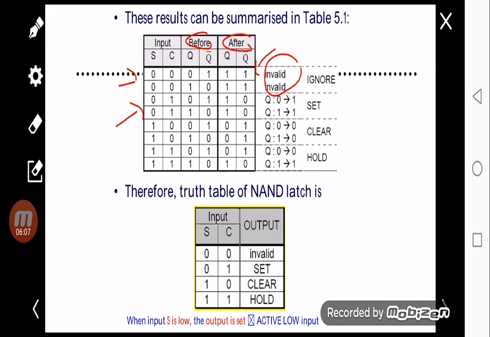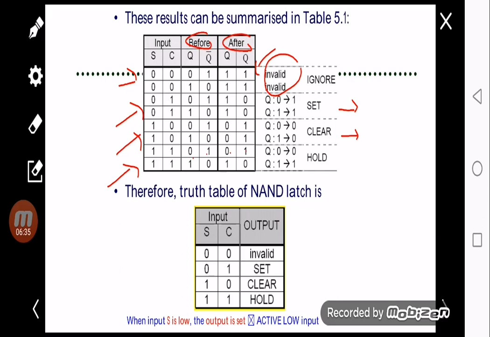Here you can see Q is 1, so we call it set. If we give the input SC as 1, 0, we get the output Q as 0, so we call it clear. And when we give the input SC as 1, 1, what happens? If the previous Q is 0, 1, the output after is 0, 1 also.